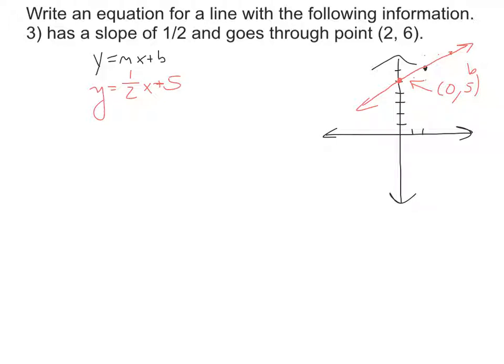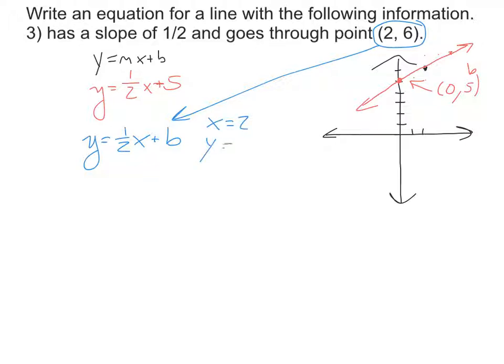The other way to go about this, we know that my slope is 1/2, so I can plug that in for m right now. Now all I want to do is find b, and once again I have this point (2, 6), and we're going to plug that in. When x is 2, my y value is 6.